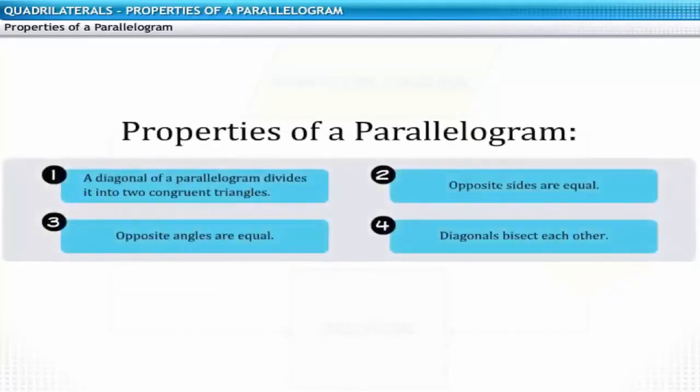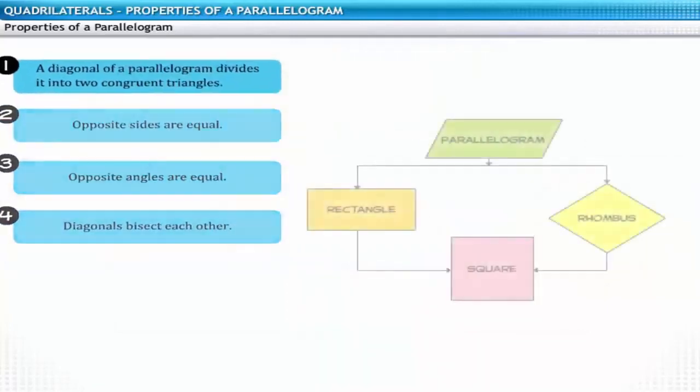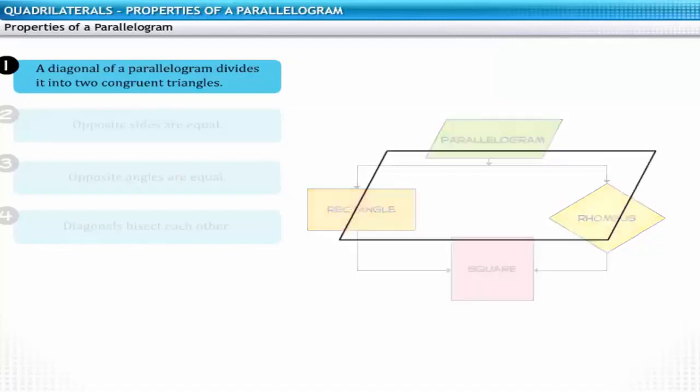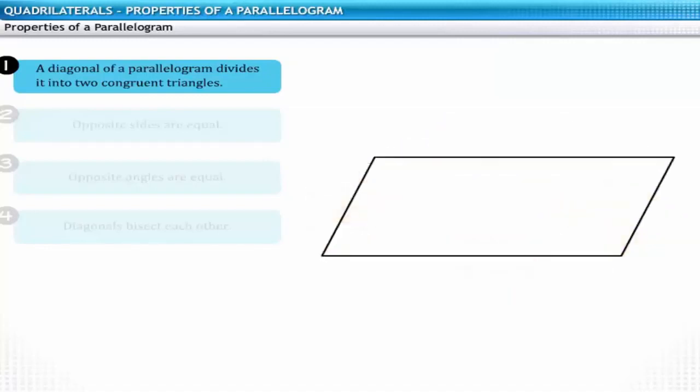Now, let's learn about the properties of a parallelogram with the help of an activity. The first property we are going to prove is that a diagonal of a parallelogram divides it into two congruent triangles. Consider this parallelogram. Let's join any of its two opposite vertices.